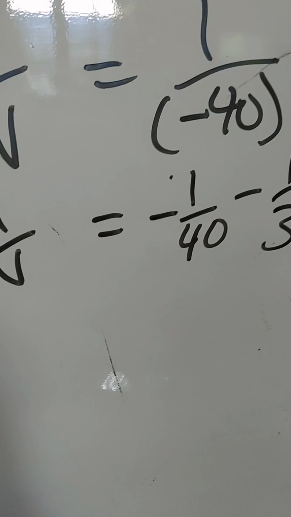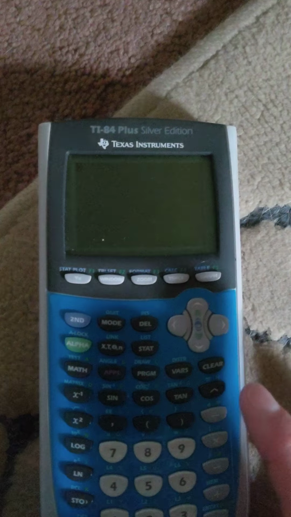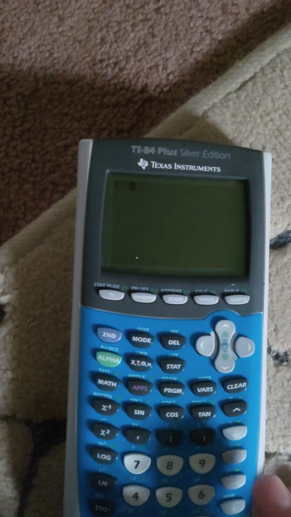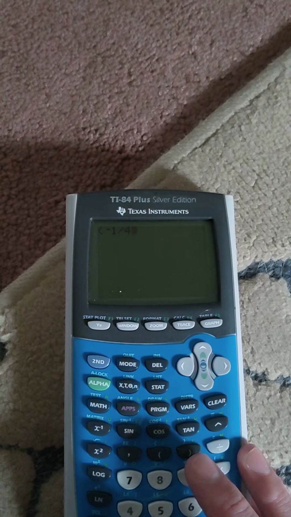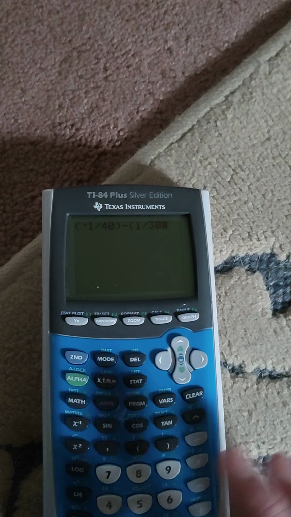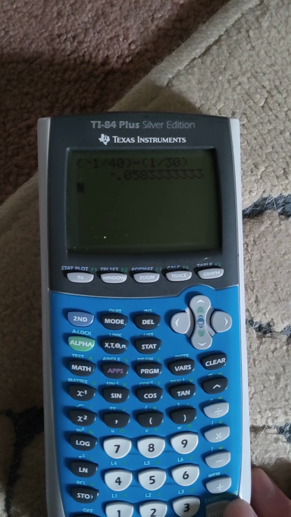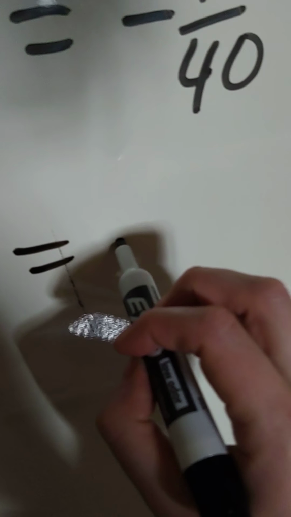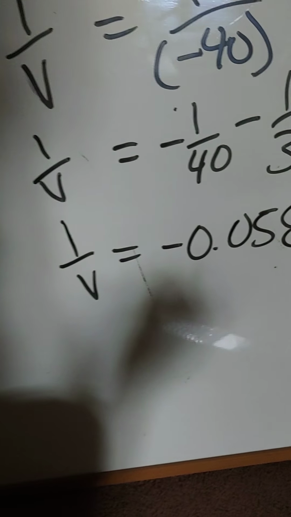Because I don't feel like fighting with the common denominator of 120, we're going to use the calculator: negative 1/40 minus 1/30 equals minus 0.0583. So 1 over V equals negative 0.0583.